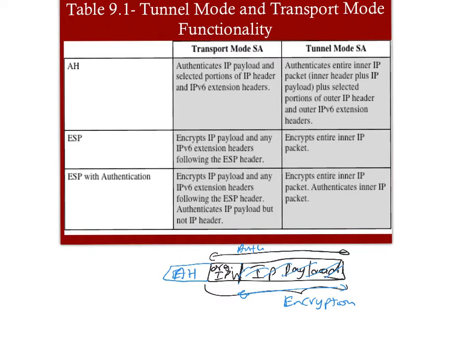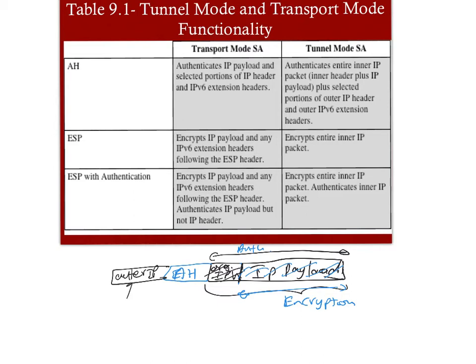For the tunnel mode, you have to add another outer IP header, in which case the encryption includes also the original IP header. The original IP header is also encrypted, because the outer IP header will be used inside the tunnel for the routers to perform routing.